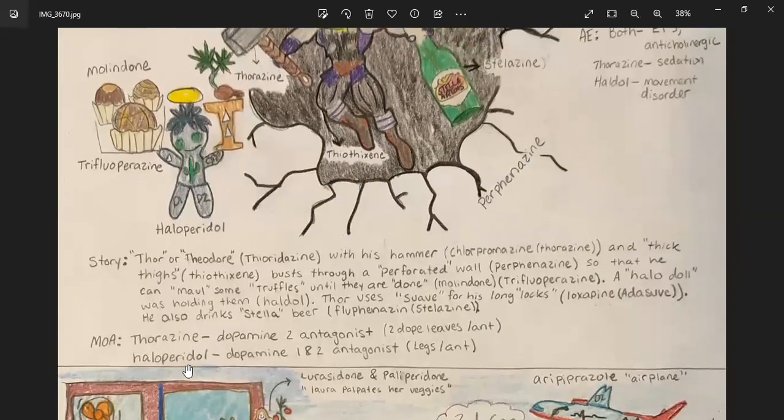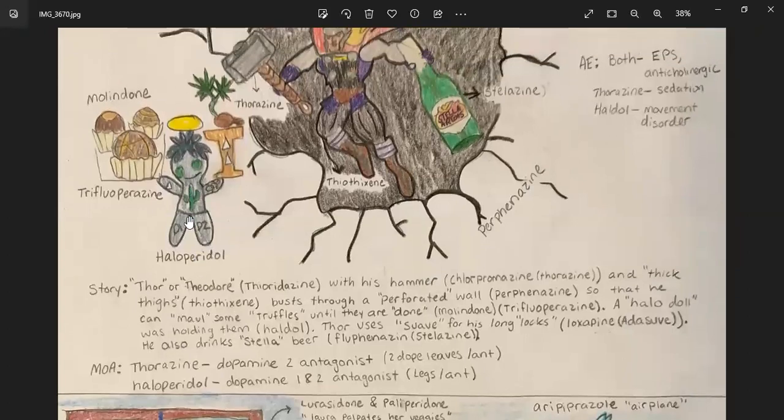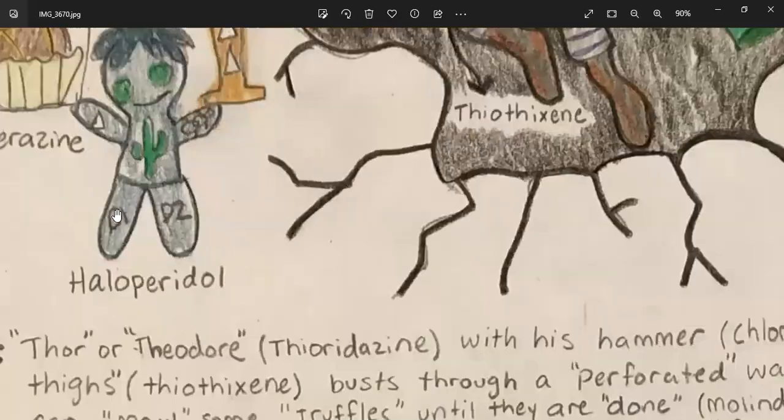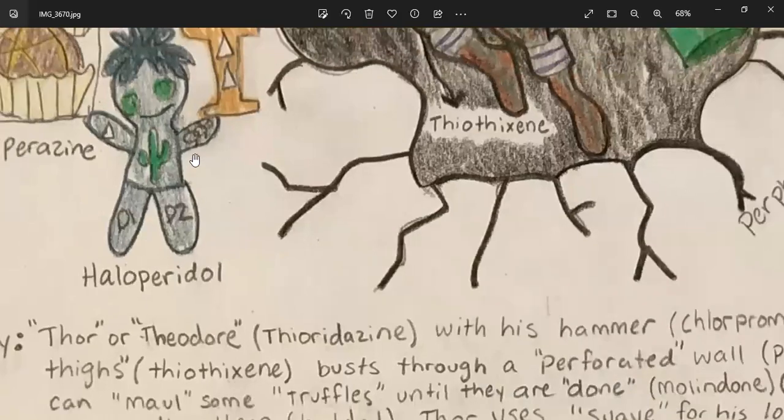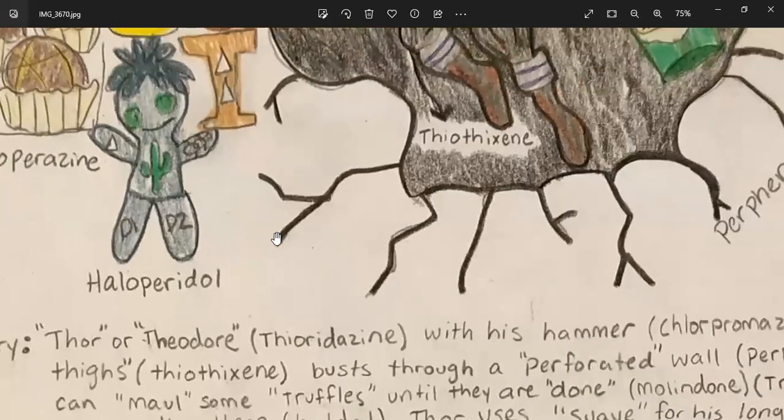And then haloperidol is shown here with a halo doll, so a doll that has a halo over its head, halo for haloperidol, and it is a dopamine 1 and 2 antagonist. So that's why on his legs we have a D1 and a D2 for dopamine 1 and dopamine 2. Again, there's an ant for antagonist.